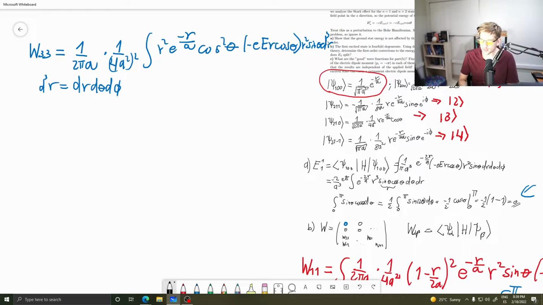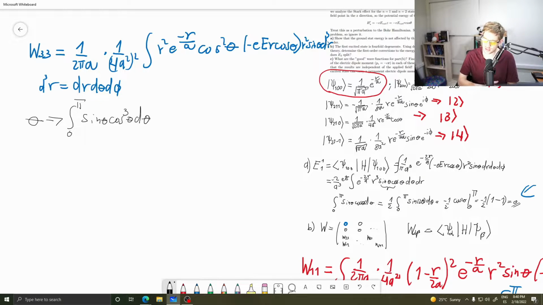So nothing too interesting there. What about maybe theta? So the theta integral will be the integral from 0 to pi of sine theta cosine cubed of theta d theta.